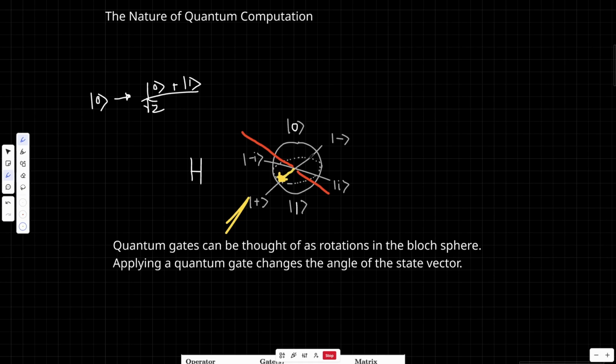So if we have a Hadamard gate right here that's in a superposition right now, applying it again, it would rotate around the axis of symmetry and point back up again to 0. There we go.